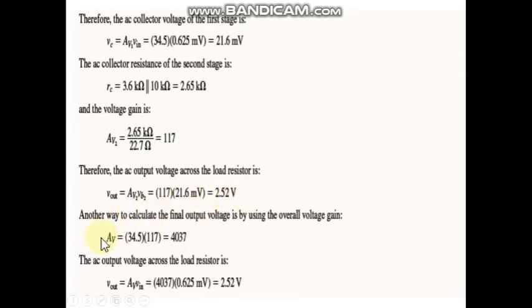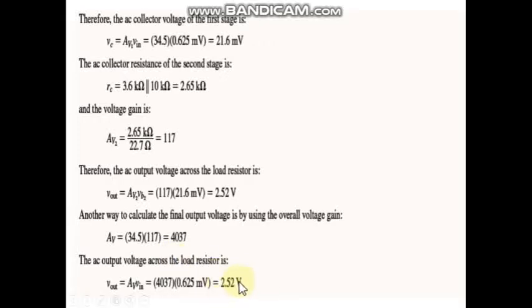Another way you can do it: the voltage gain of the first stage is 34.5 and the second stage is 117. So total voltage gain is 4037. So simply you can write V out is equal to total voltage gain into input. So that is 4037 into the input 0.625, that is equal to 2.52 volt.